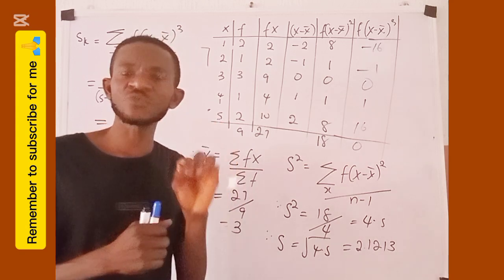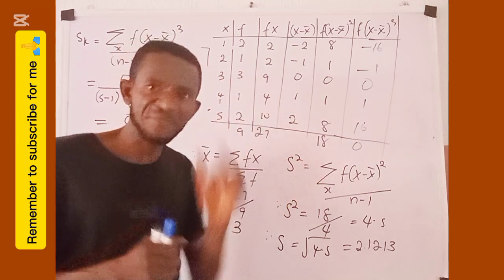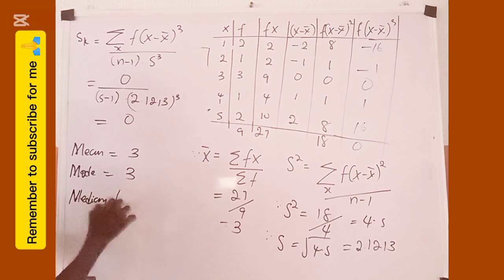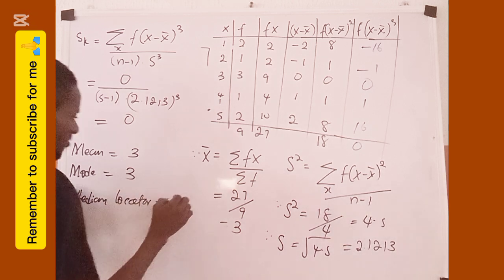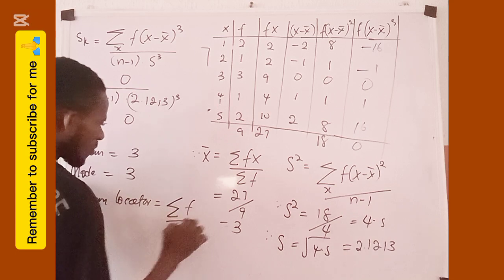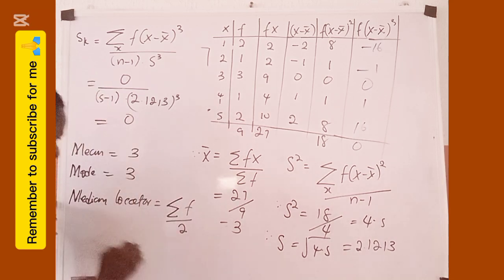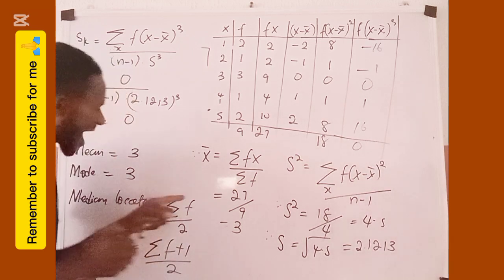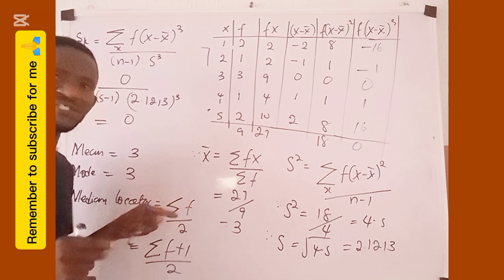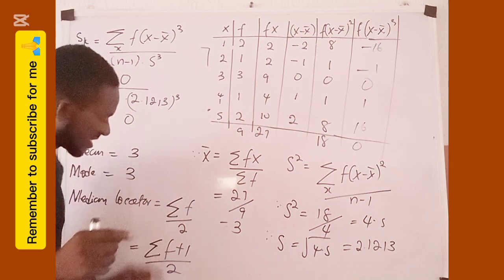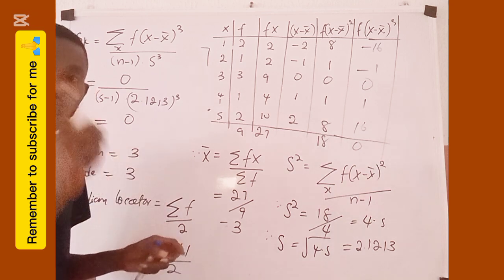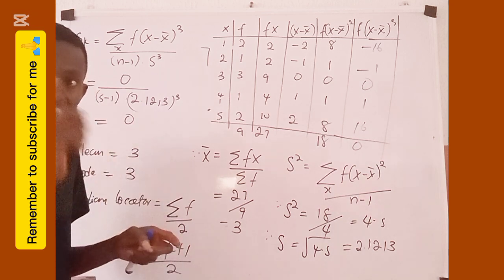In statistics we have what we call the median locator. The median locator is given as sum of f all over 2 when the sum of the frequencies is even, and sum of f plus 1 all over 2 when the sum of the frequencies is odd.